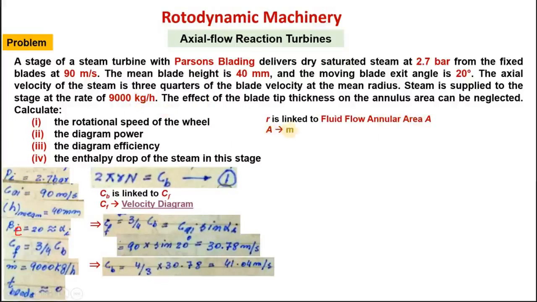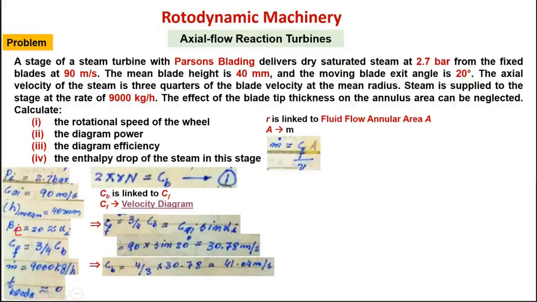So area is linked to mass flow rate, and we know the equation of mass flow rate, m dot is equal to rho AV, where rho is 1 over V, or specific volume. A is the annular area through which fluid is flowing, multiplied by velocity, which is perpendicular to this area, and we know this velocity which is perpendicular to this area is CF, flow velocity.